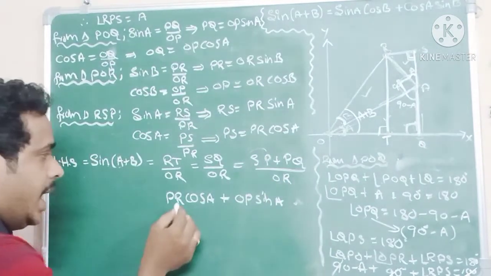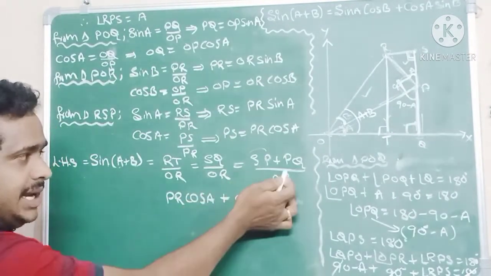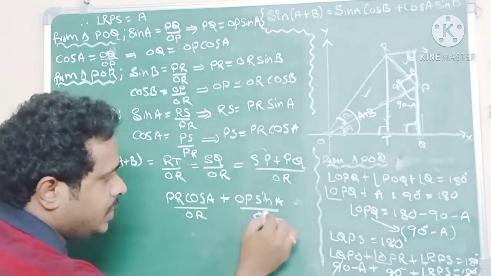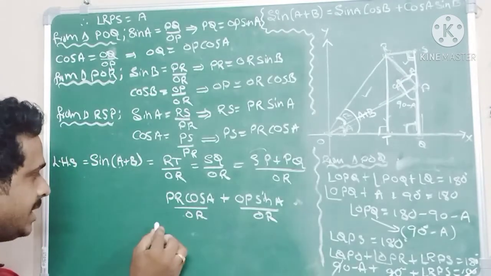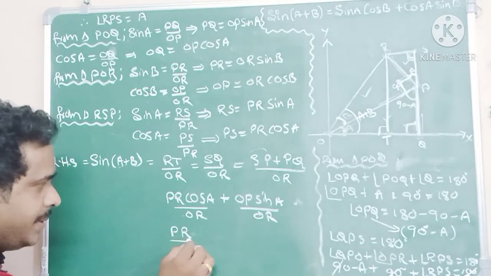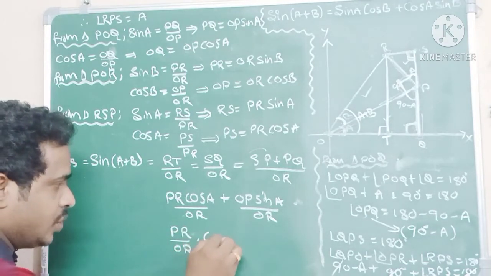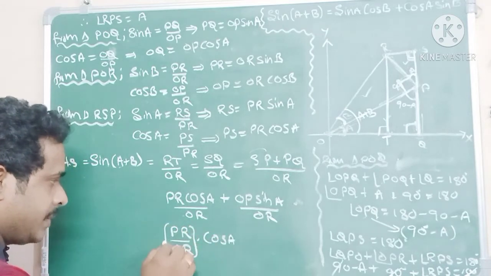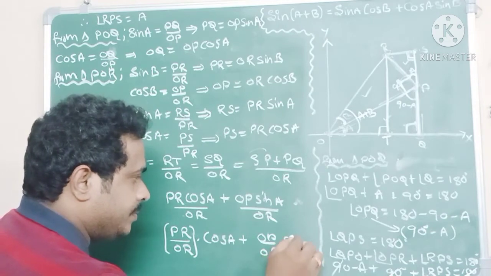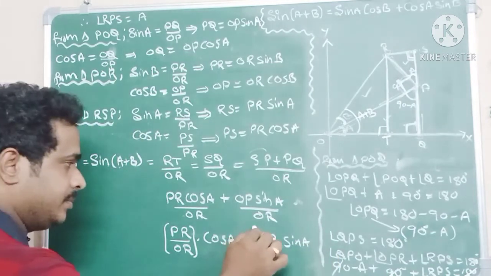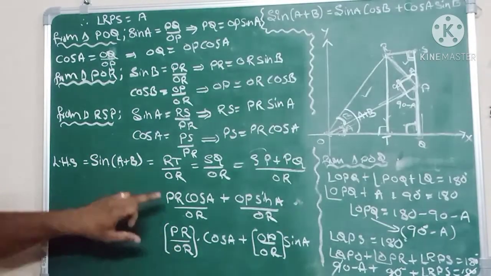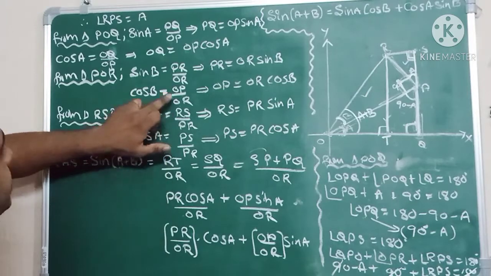Over OR. You can split it to both terms by OR, right? This can be written as PR by OR into cos A plus OP by OR into sin A. PR by OR, where is the ratio? Here it is.